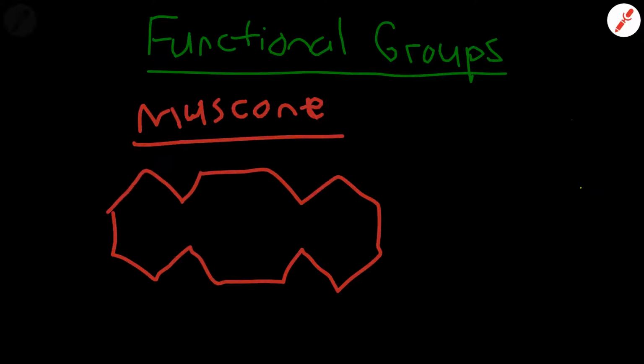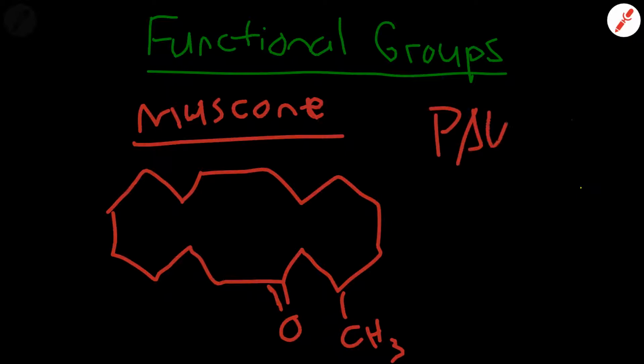It's a big, giant ring. And off of this one down here, we're going to have that and that. So now again I'd like you to pause and go over this molecule yourself and identify the functional groups.